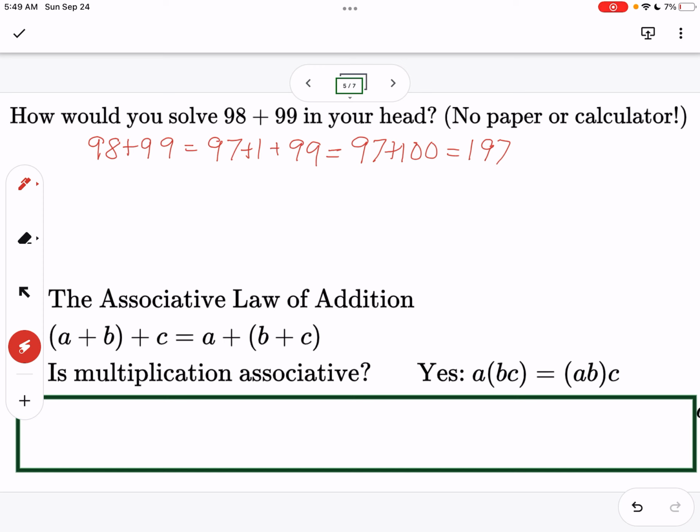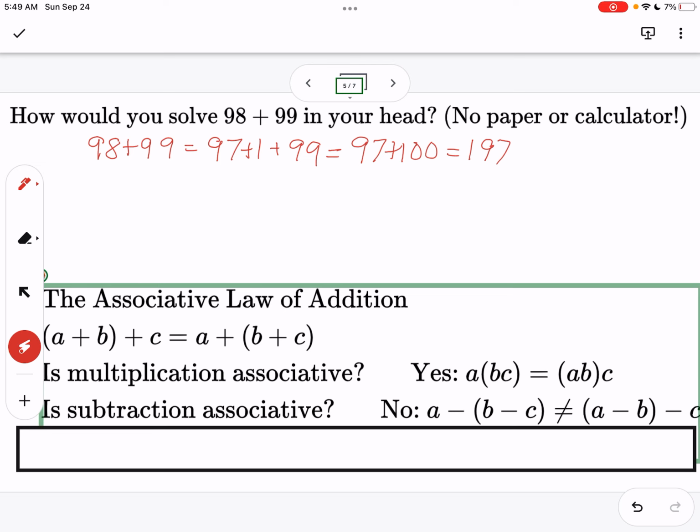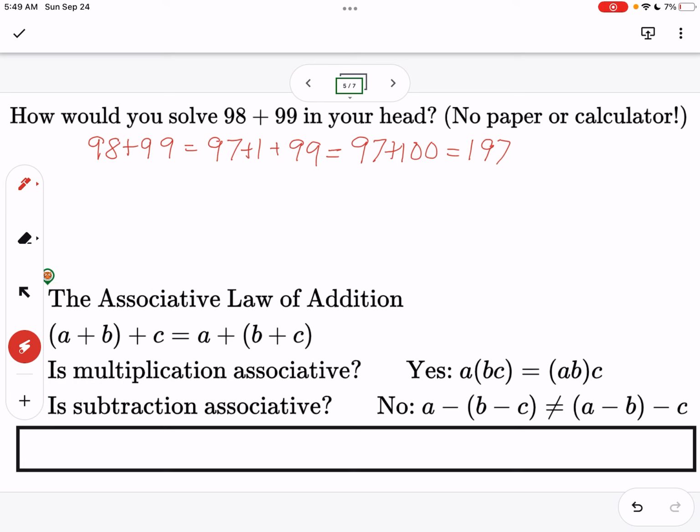Is subtraction associative? Well, no. Generally speaking, we can't switch the order of subtraction. We can't subtract B minus C and then take A minus that.